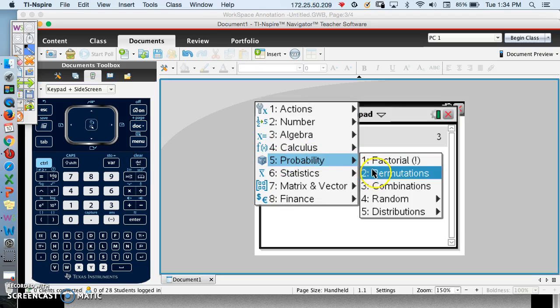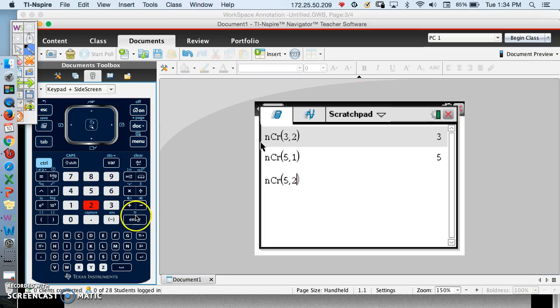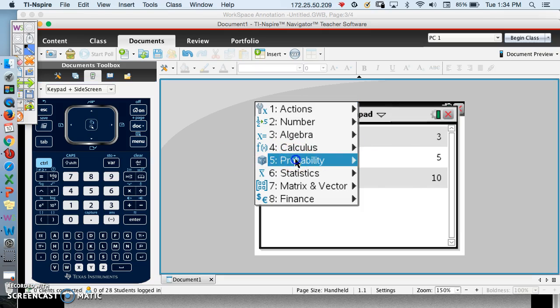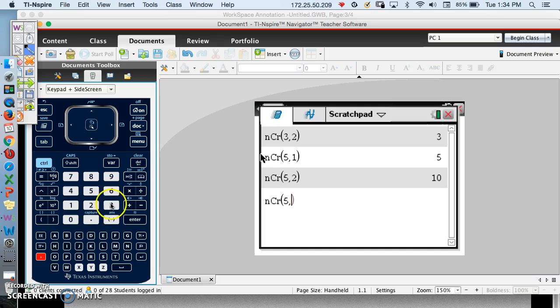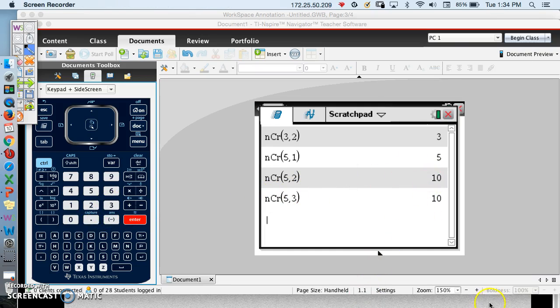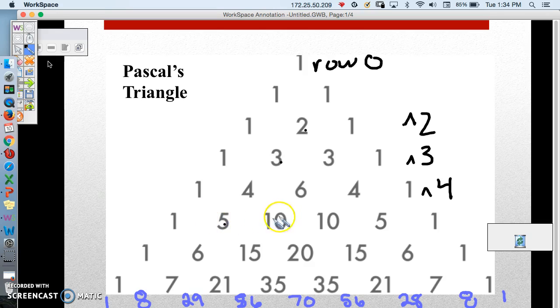Menu, probability, combination, 5, 2. There's 10 ways. Menu, probability, combination, 5, 3. 5, 10, 10. You'll notice these correspond to the rows as well. So we had these numbers show up on our next row, 5, 10, 10.